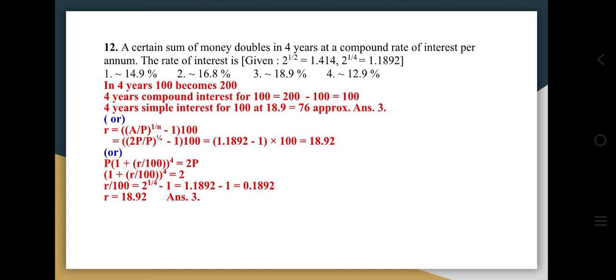But 4 years simple interest for 100 at 18.9%, which is the highest percentage given in the answer choices, is itself approximately 76. Even if you take that as 20, it is rupees 80, 4 into 20, 80.